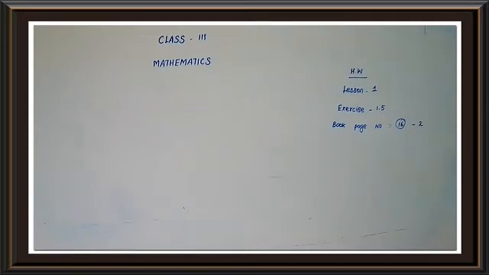See the second one, B: 63,416 is written in words. Is it true or false? True. So you should write T-R-U-E, true.